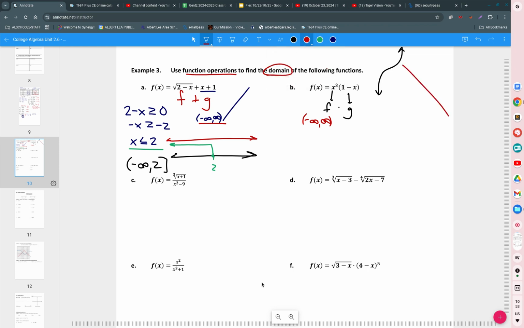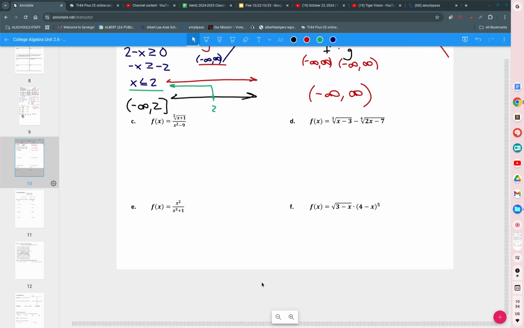What's the domain of a line? It is also all real numbers, negative infinity to infinity. So if one is from negative infinity to infinity, and the other one is negative infinity to infinity, the overlap is negative infinity to infinity, all real numbers. That's so easy. I love it when we get easy problems.